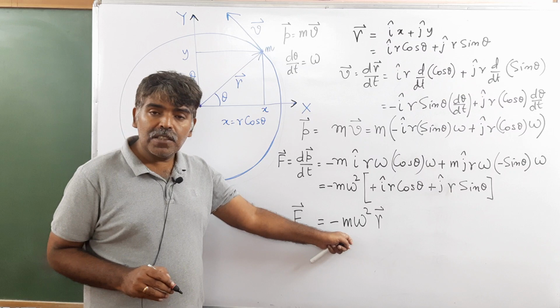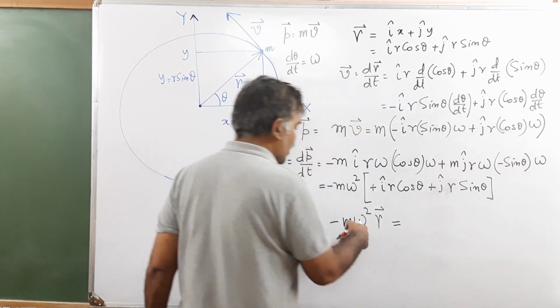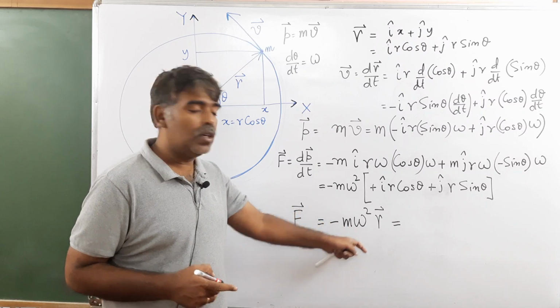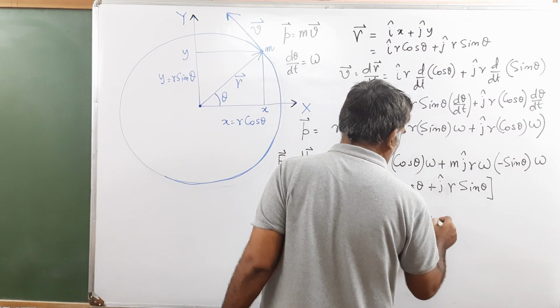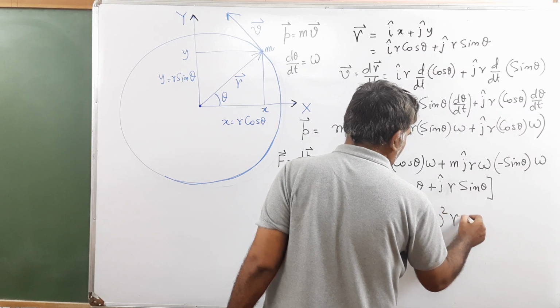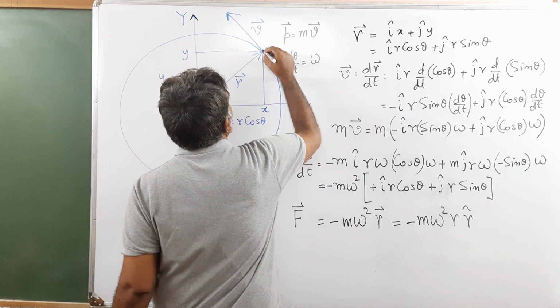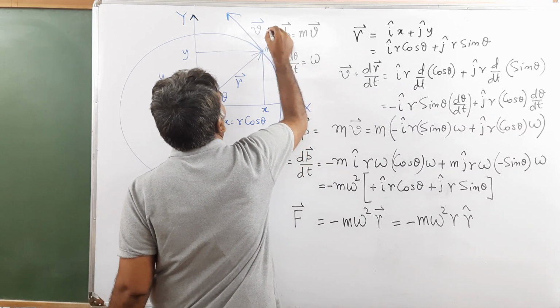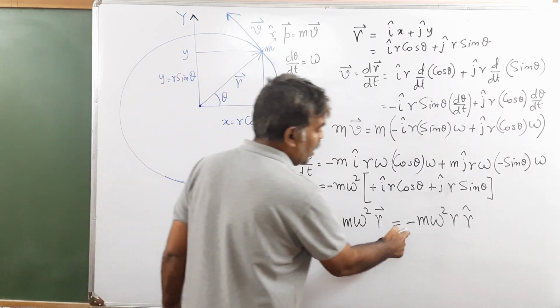If you inspect this force, you can easily see that this is directed radially inward. Now let's write it explicitly. Minus m omega square r times r cap. r cap is the unit vector, outward, right? But you have a negative sign here.